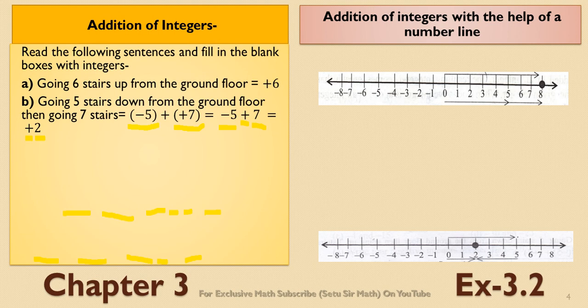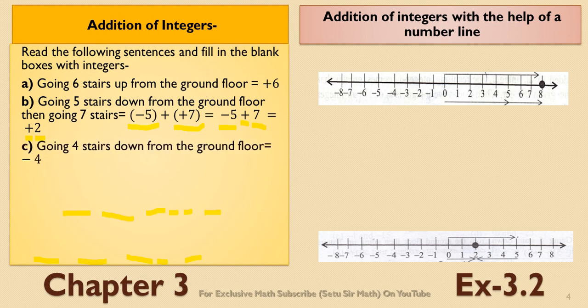From 7, if we subtract 5, we get 2. And the sign will be the bigger number's sign. Here 7 is the bigger number and its sign is plus, so the answer will be plus 2. You have to remember this very well: the sign of the answer will be the bigger number's sign.